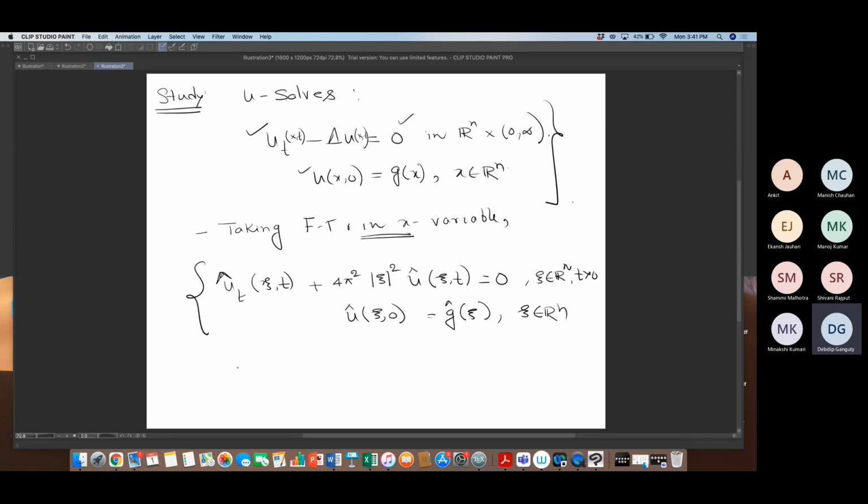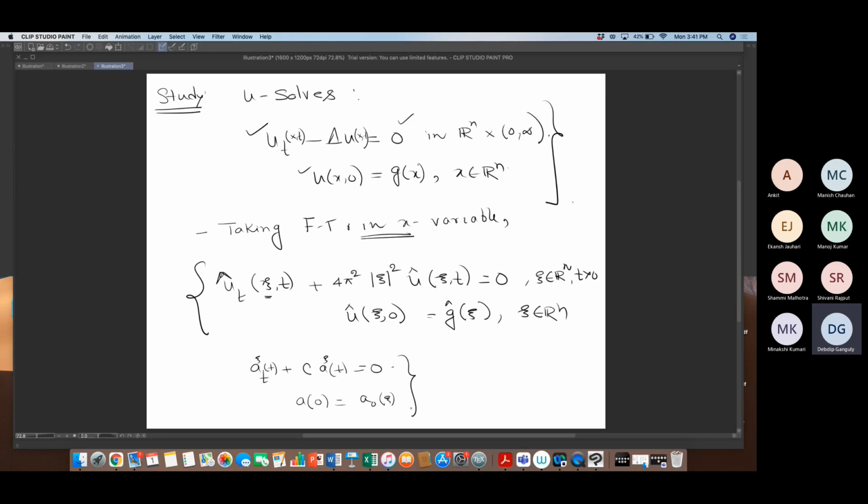This is an equation like this: for a fixed xi, it is a'(t) plus some constant times a(t) equal to 0, where a is a function of t and xi is fixed, and a(0) is given to be some a0, which of course depends on xi.